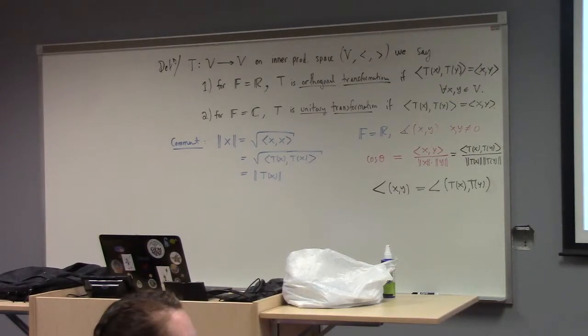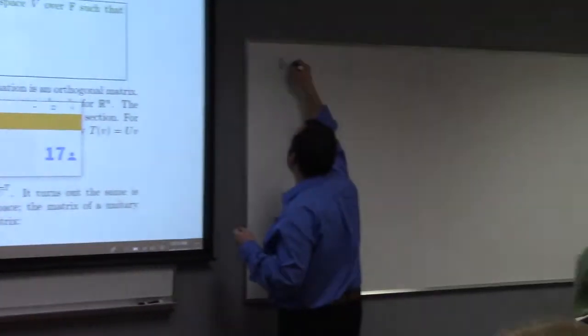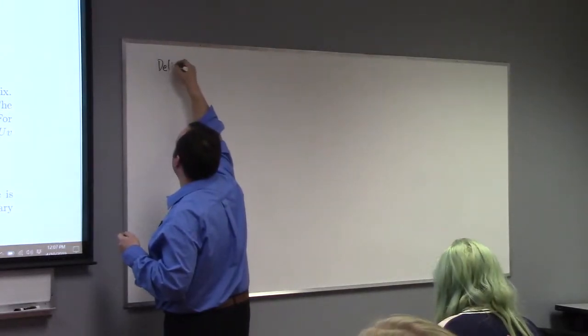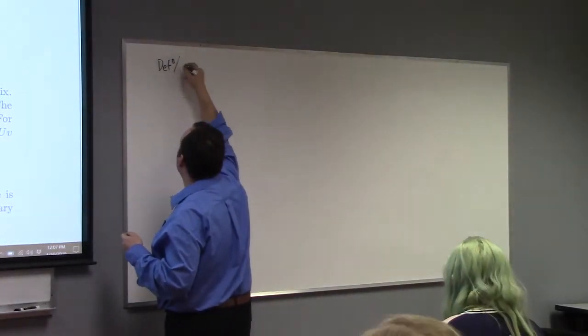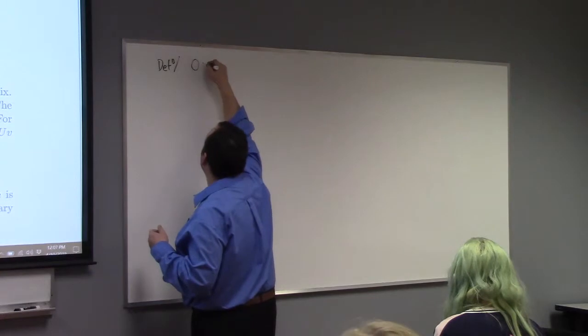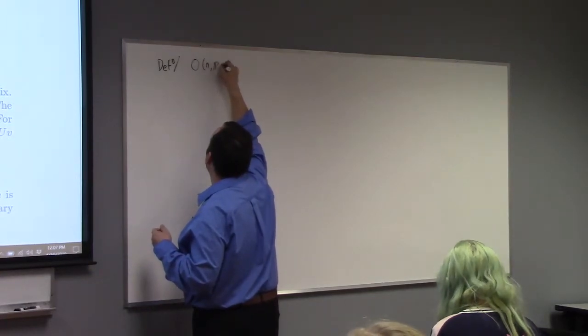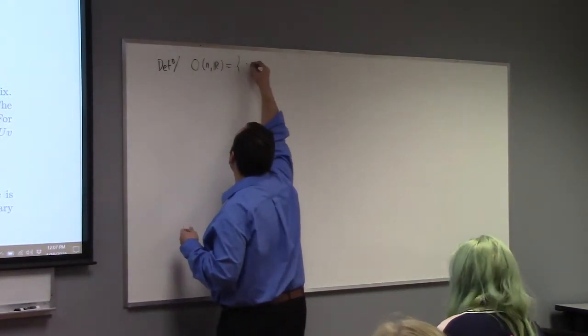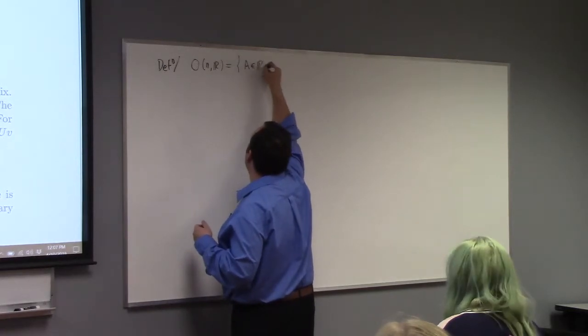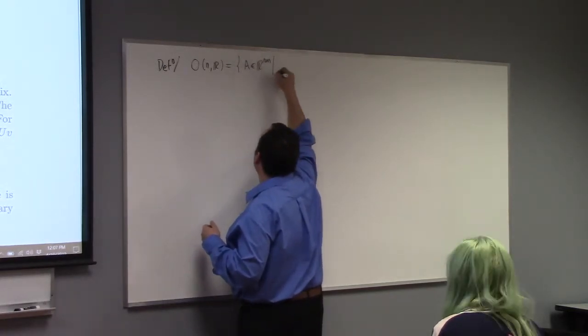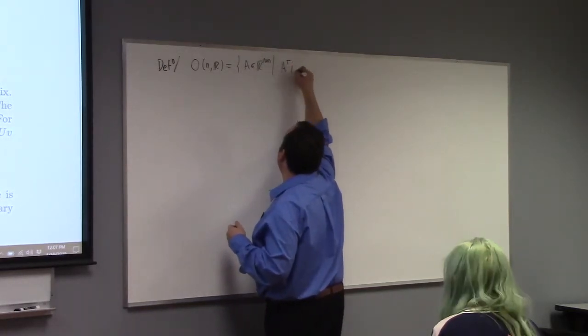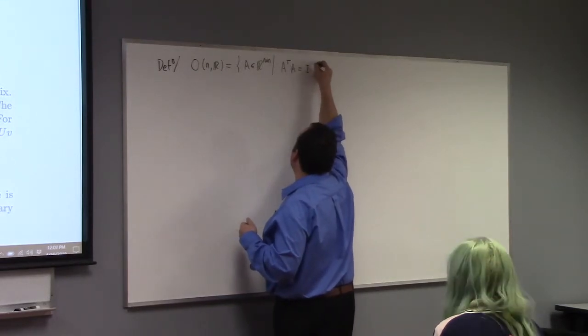You can also talk about the definition of O_n(R), which is equal to the set of A in R^(n by n) such that A transpose A is equal to the identity.